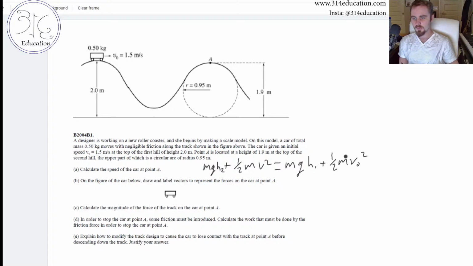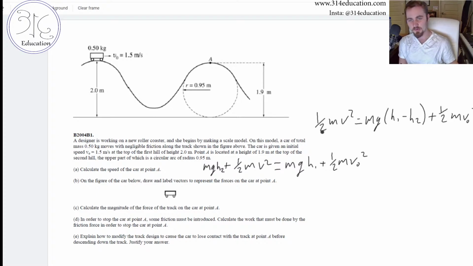And so we can bring this to the other side. And so this gives us 1/2 mv squared is equal to, I can factor out the mg, giving us h1 minus h2. Incidentally, this is where I would have started before, but I figured we'd show this intro step as we went. Plus this initial piece of kinetic energy.